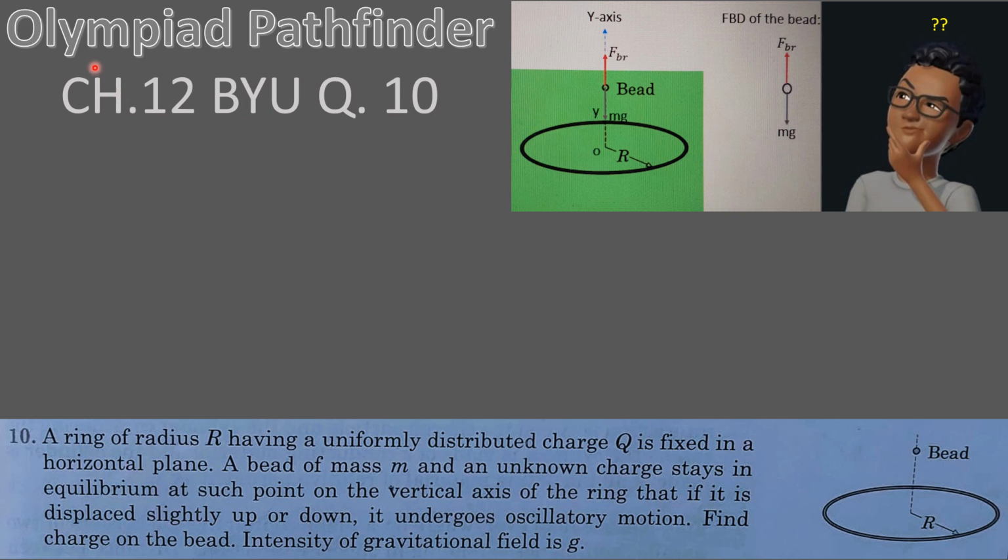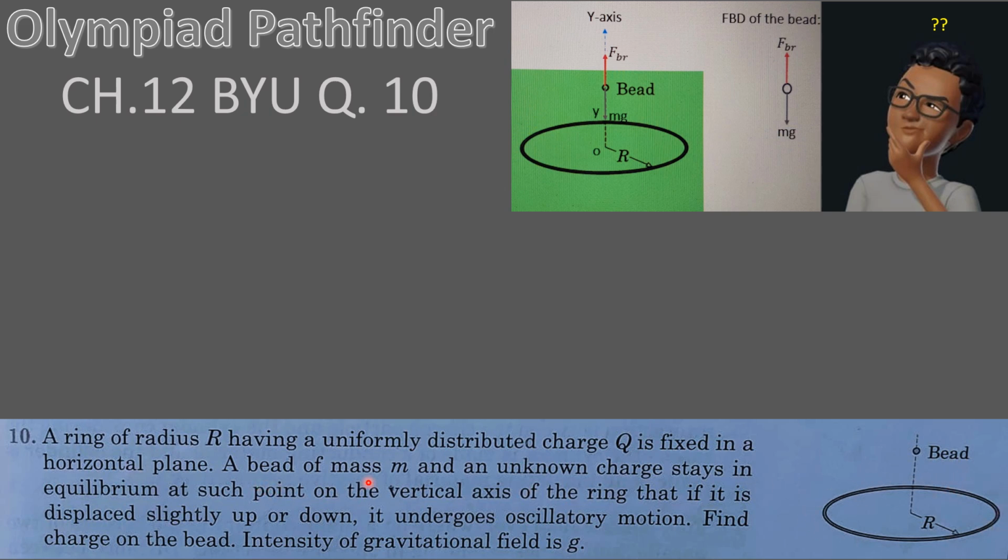This question is from Olympiad Pathfinder, Chapter 12, Build Your Understanding, question number 10. The question is: a ring of radius r having a uniformly distributed charge q is fixed in a horizontal plane.